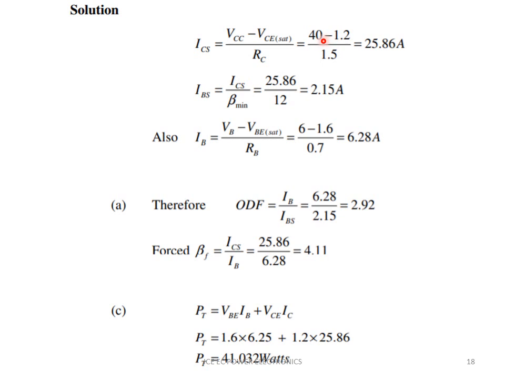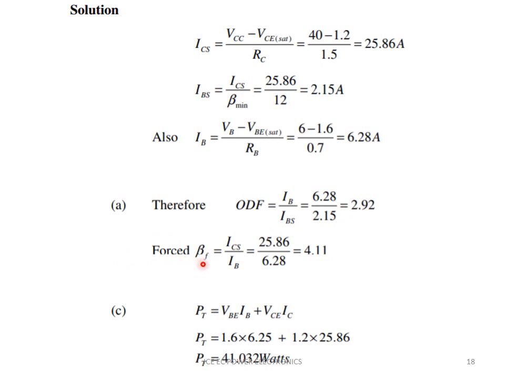So VCC is 40 minus VCE sat 1.2 divided by RC given as 1.5. Solve it, I get 25.86. Substitute ICS here, I will get IBS, and once I know IBS, I can use that value here. So I know IB, I know IBS, I can get the overdrive factor as 2.93.